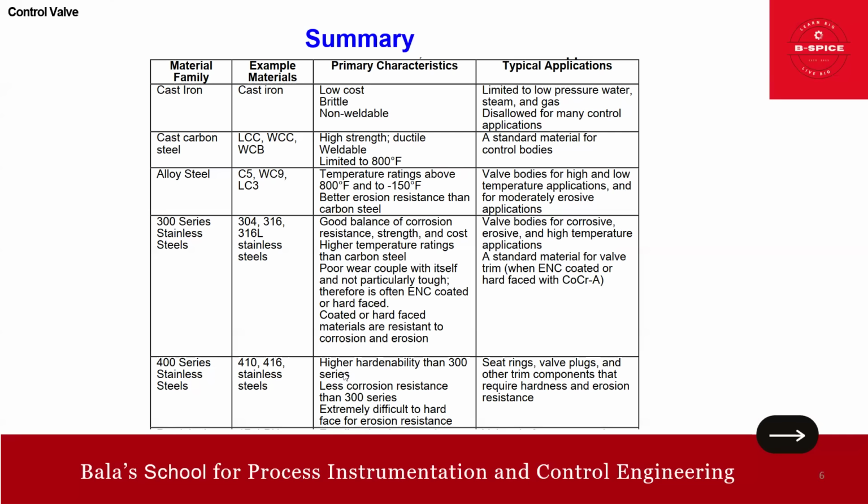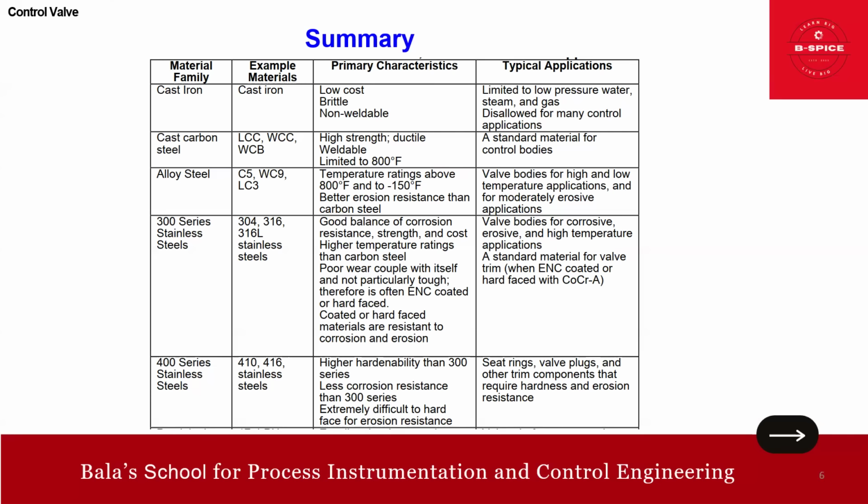The corrosion resistance is good in the 300 series, but lesser here. It is also extremely difficult to hard face for erosion resistance. If we have higher erosion, we can use this. Typical applications: seat ring, valve plug, and other trim components that require hardness and erosion resistance. We are talking about erosion, not corrosion, friends, erosion resistance. There is a difference, right?